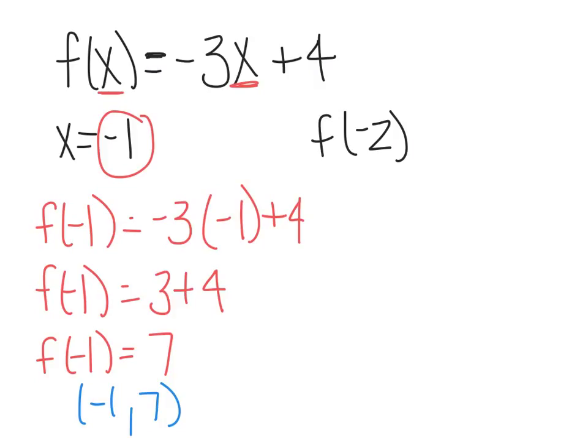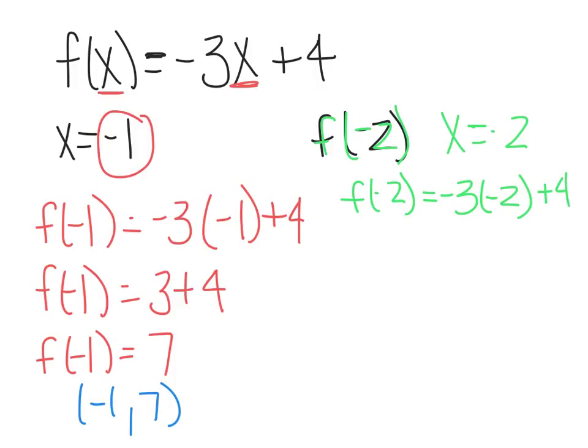They've given us the f of x. Remember that if they're giving it to us like this, f of negative 2 is telling us that x equals negative 2. So we're going to rewrite the function, and instead of x, we're going to plug in a negative 2. So we get f of negative 2 equals negative 3 times negative 2, plus 4.